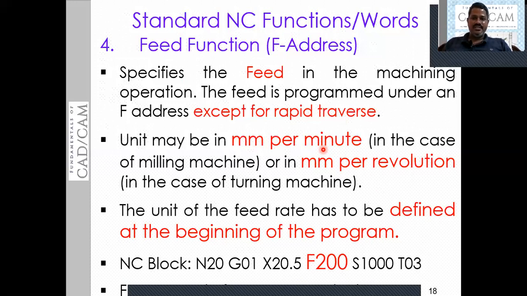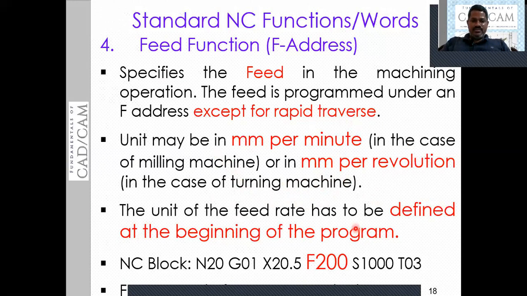How much distance our tool moves per minute specifies the feed in a milling machine. Whereas in a turning machine, the feed is per revolution: how much distance our tool advances for one revolution.